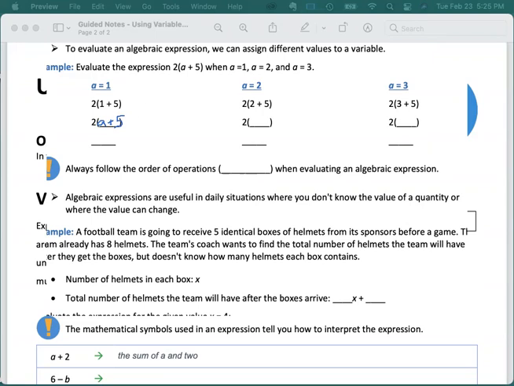I think what they really want us to do is add 1 plus 5, so 2 times 6, and 2 times 6 is 12. Here, if a is 2, 2 plus 5 is 7, and 2 times 7 is 14. If a is 3, 3 plus 5 is 8, 2 times 8 is 16.